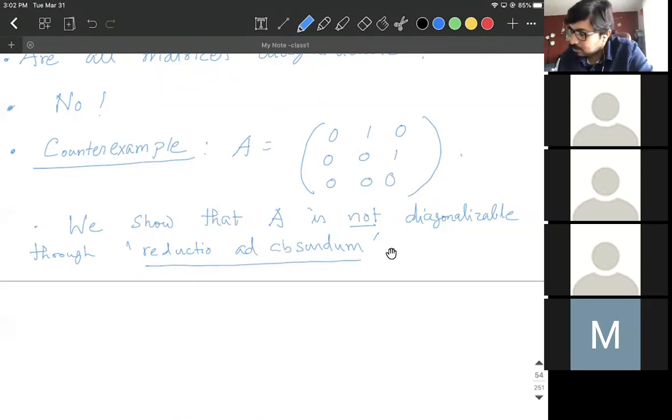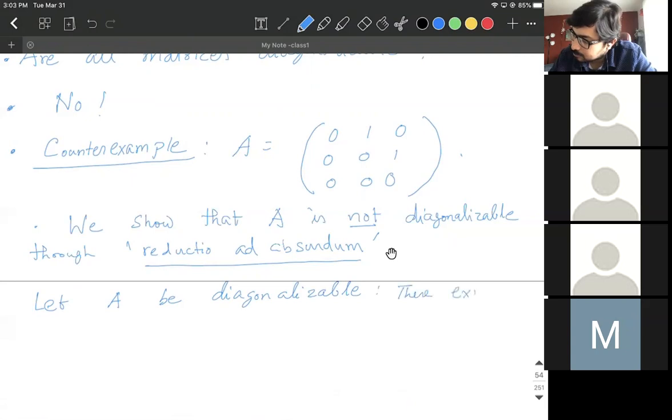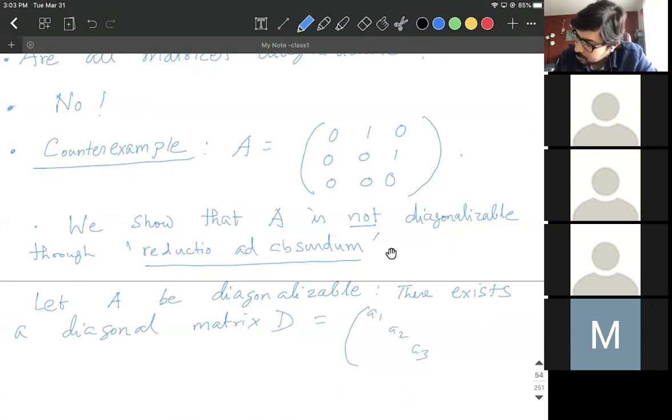Okay, so let A be diagonalizable. What does it mean? There exists a diagonal matrix D. Let's write it down. So this is A1, A2, A3, and zeros everywhere else.